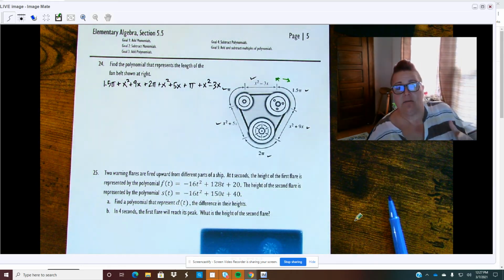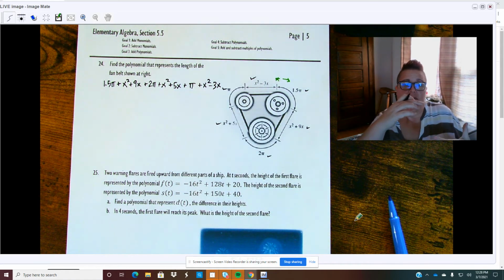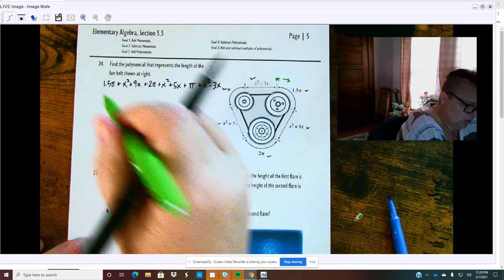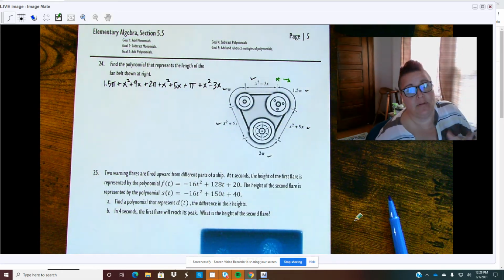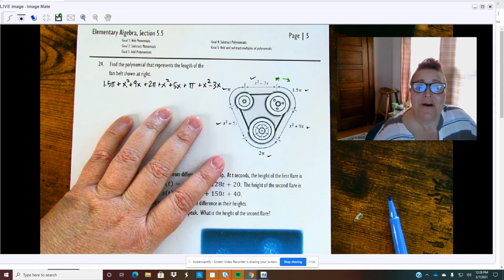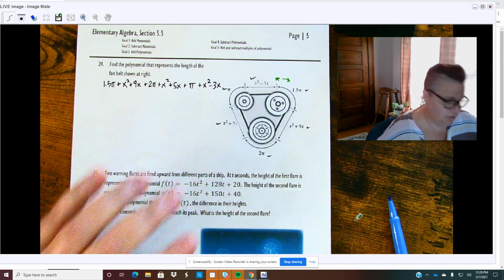And I'm back at that green star, so I know I've incorporated everything. Now, looking at all of this, I can simplify. This isn't wrong, it's just long. So I'm going to go ahead and see if I've got some like terms.